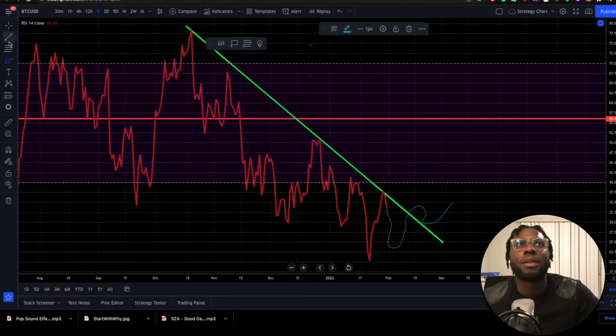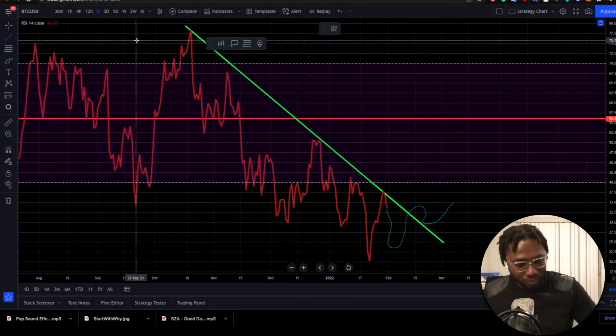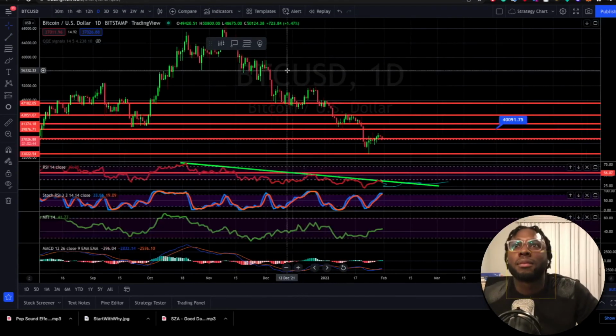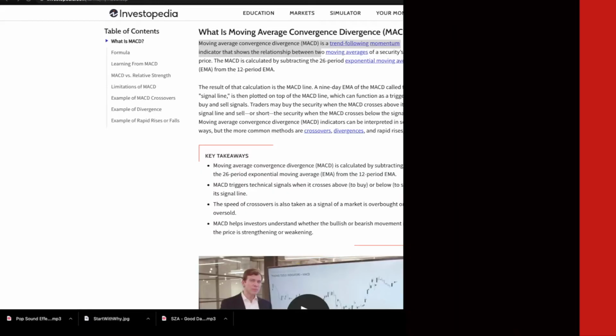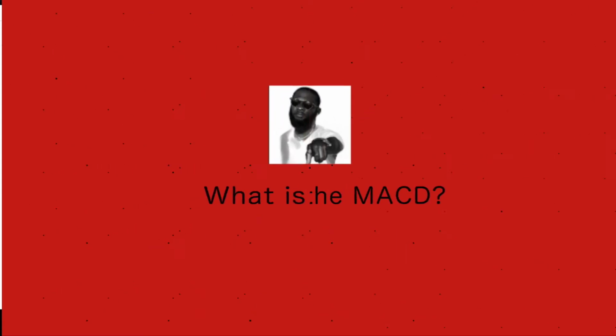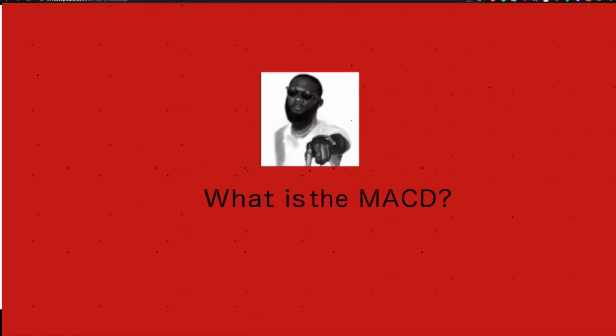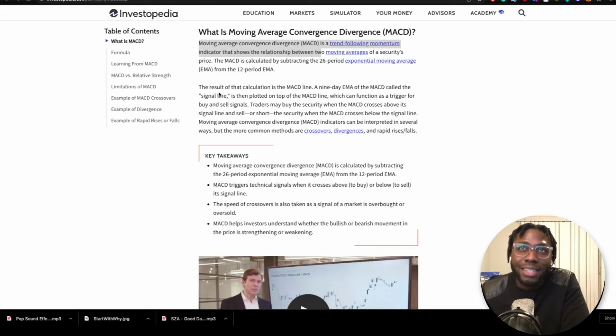Now we're back. Now we're going to take a look at the MACD from the monthly. So what is the MACD? Looking at Investopedia, the MACD is moving average convergence divergence.